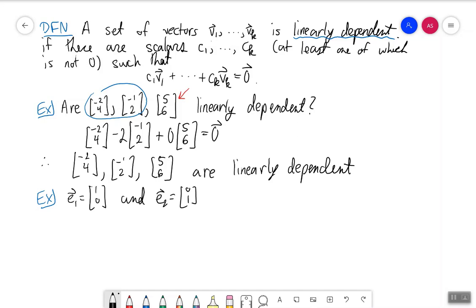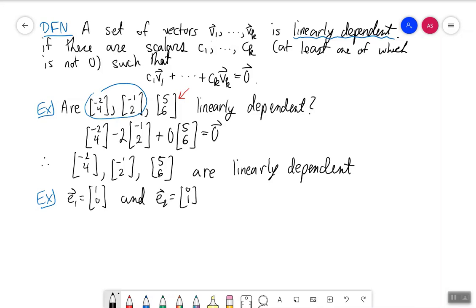Now later on in this lesson, we're going to learn how to formally prove that these two are not linearly dependent. But I want you to convince yourself that there's no way that you can take something times the first vector plus something times the second vector to get 0, other than the stupid way of having both of those somethings be 0 themselves.